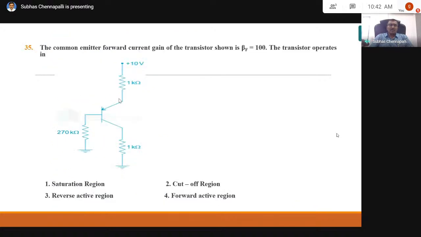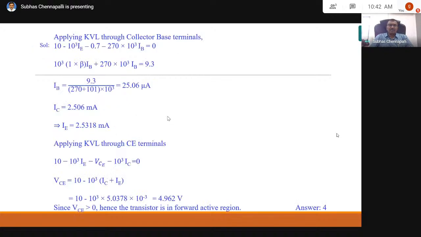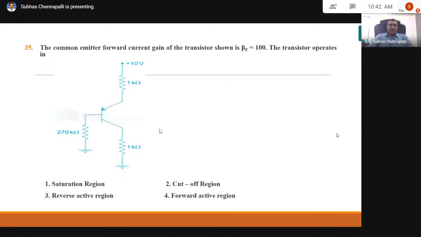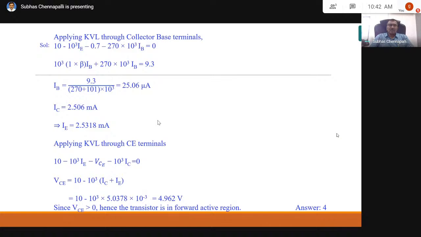Now you start like this. This is B, this is E, VBE voltage. You can always assume 0.7. Then I can take this loop or this loop. What have I taken?